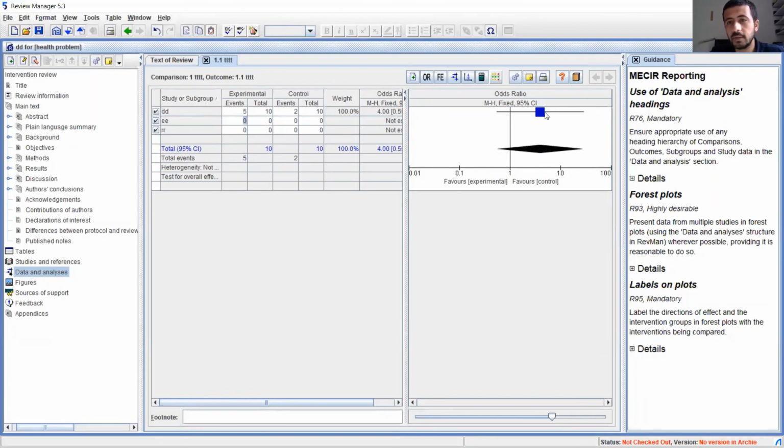This is a forest plot. I have this difference, this confidence interval, this weight. It will give the weight that applies to such a sample size.